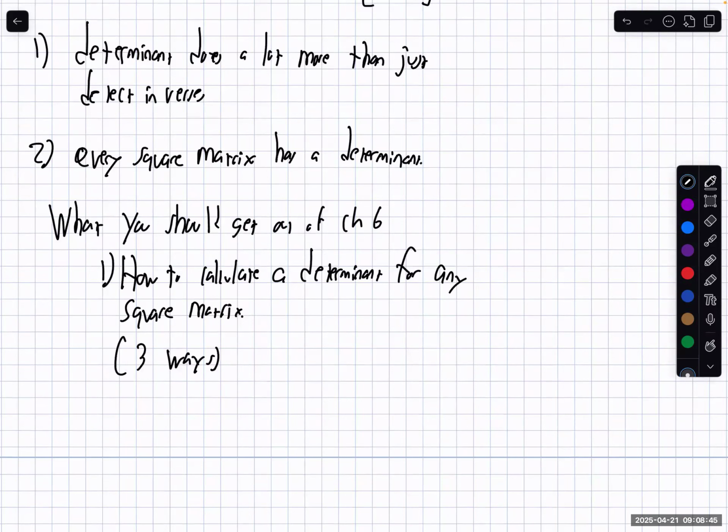I'm going to show you three different ways to do that. So if linear algebra is a prerequisite for another class that you're taking, they'll expect you to know how to calculate this determinant. And two, what a determinant says about the matrix.